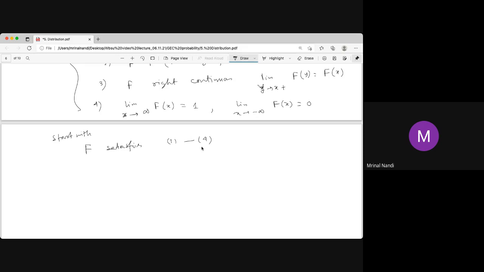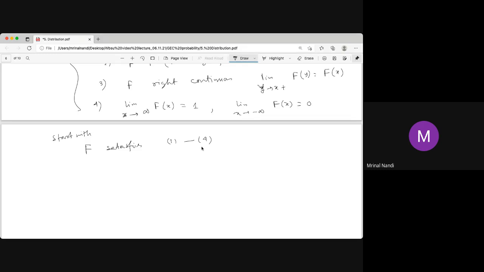Forget about all this random experiment, this random omega, that sample space program. Just take a function which satisfies these 4 conditions. From that function you can go back and find a probability distribution, a random experiment, such that if you go from that random experiment, you will terminate with that f.